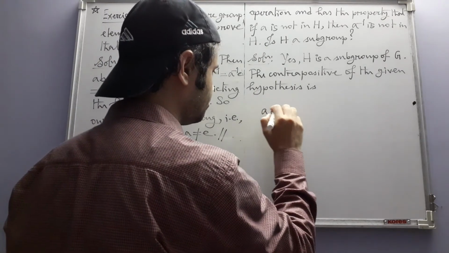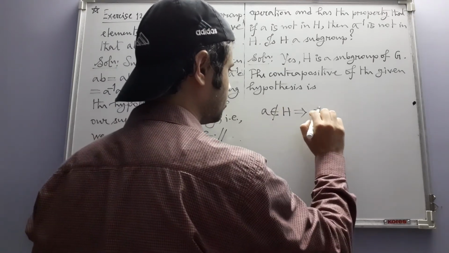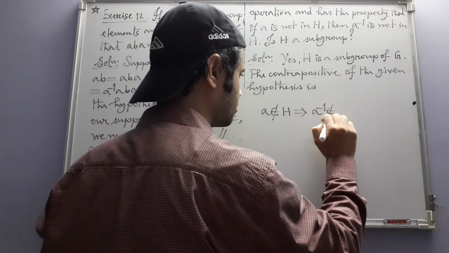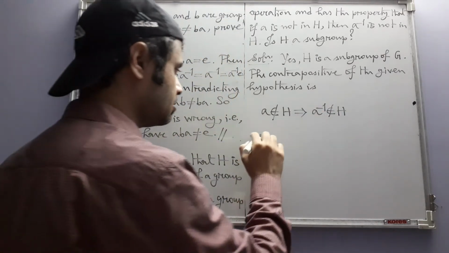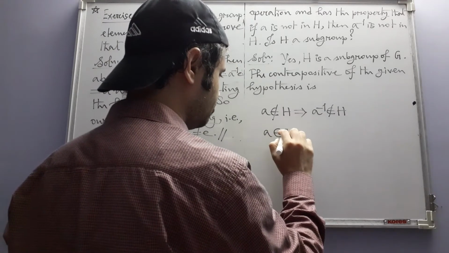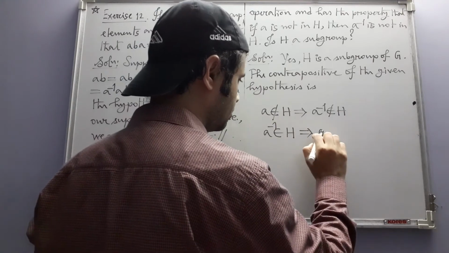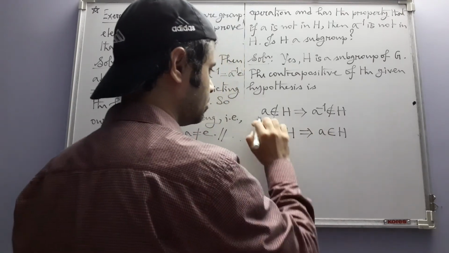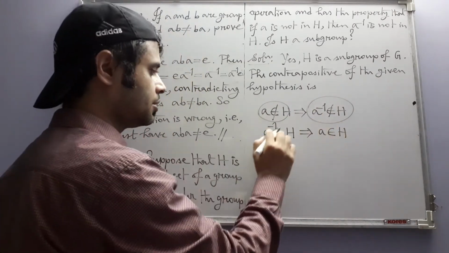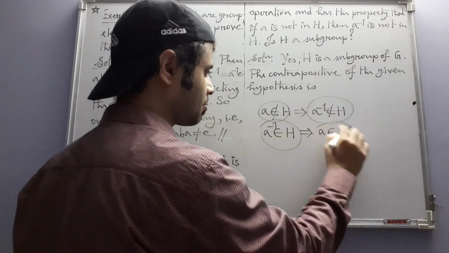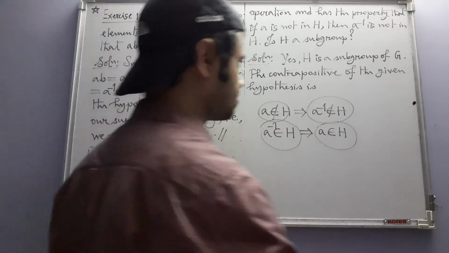We are given that if A does not belong to H, then A inverse does not belong to H. The contrapositive of this implication is this: if A inverse belongs to H, then A belongs to H. If this is P, this is Q, then P implies Q is the same thing as negation of Q implies negation of P. So we are going to use this.